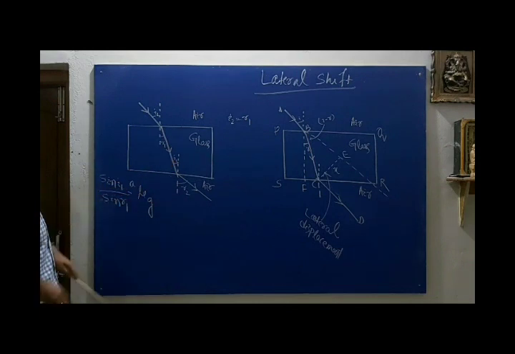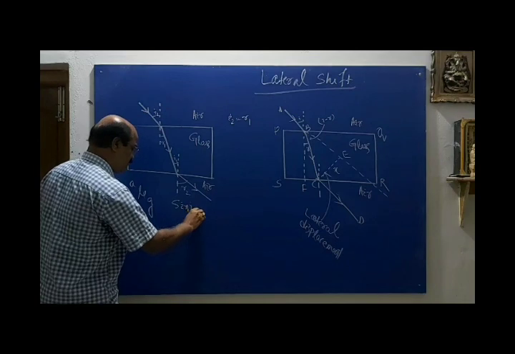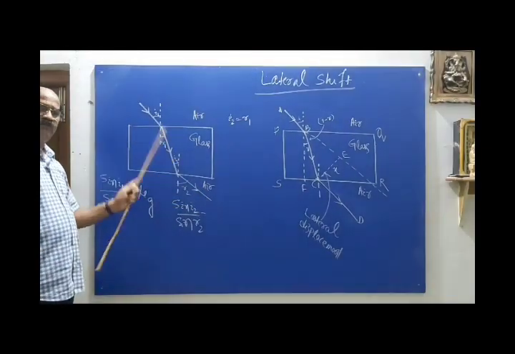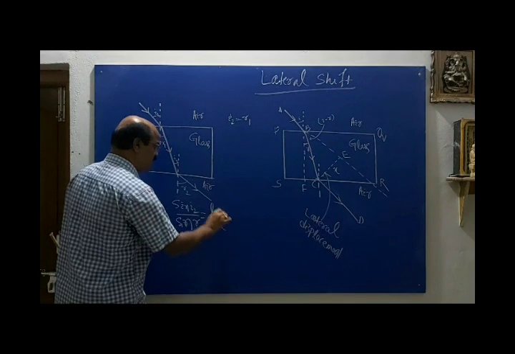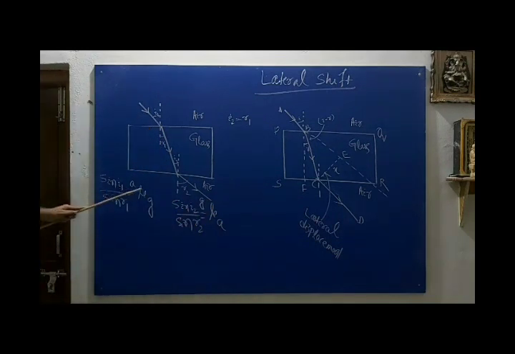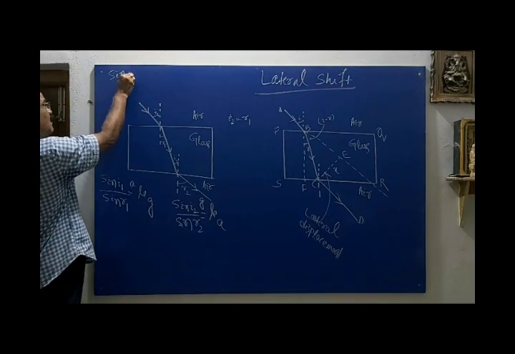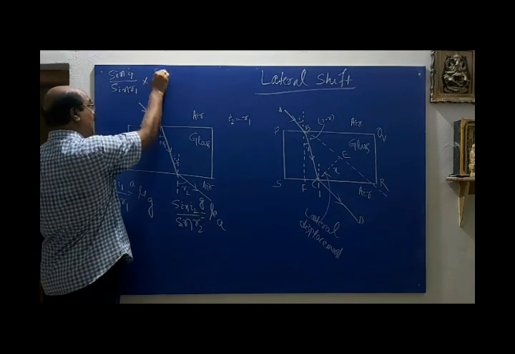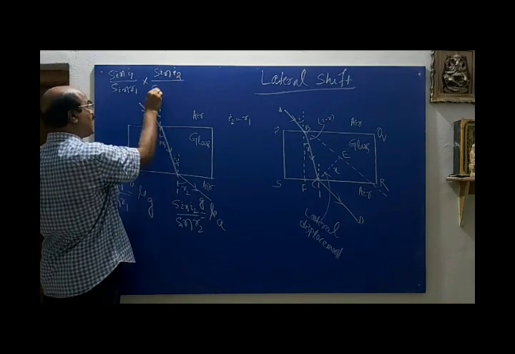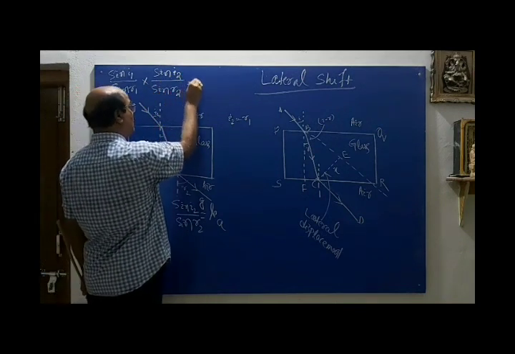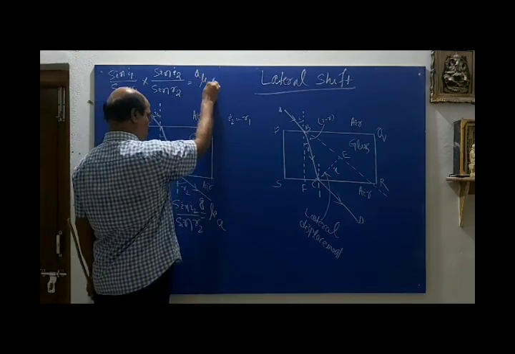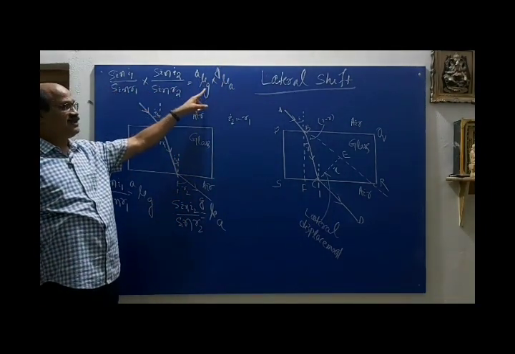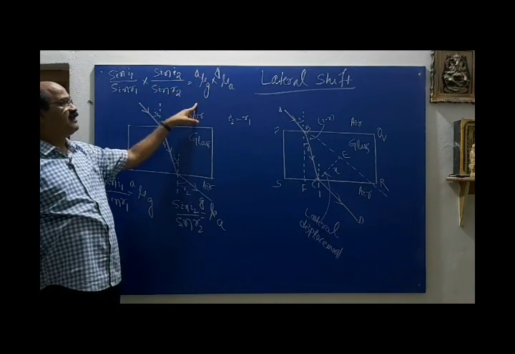Sin I2 by sin R2 is the refractive index of the second medium with respect to the first medium, that is, mu A with respect to G. Multiplying both: sin I1 by sin R1 into sin I2 by sin R2 is equal to mu G with respect to A into mu A with respect to G. Mu G with respect to A is equal to 1 by mu A with respect to G.